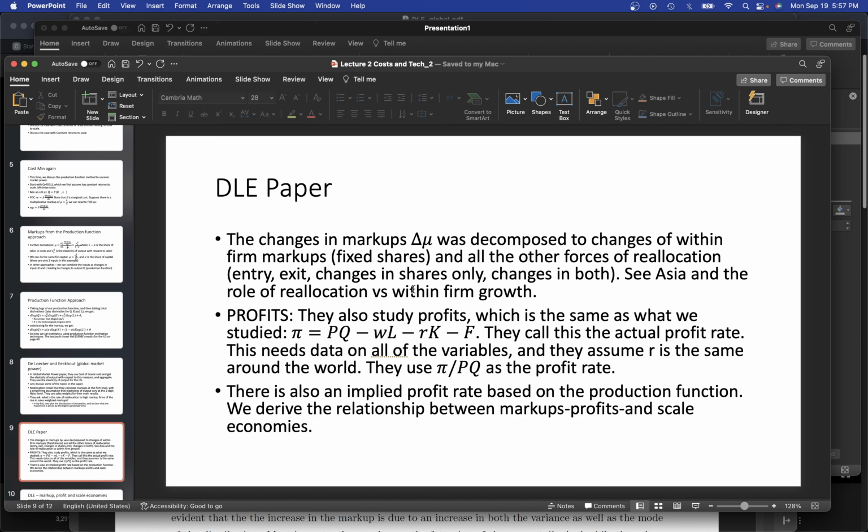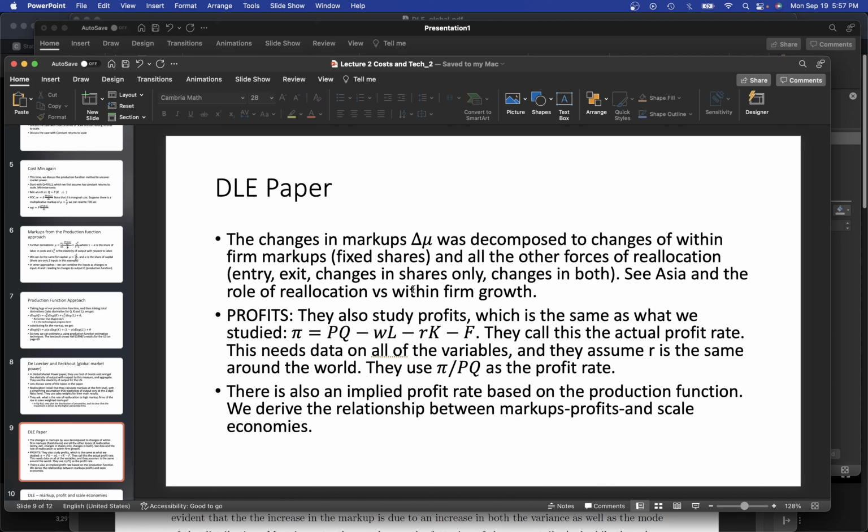There is also an implied profit rate based on the profit function. We derive the relationship between markups, profits, and scale economies. This is an important relationship here, so we'll try to linger here a bit. So mu, the markup, is just equal to price over marginal cost.